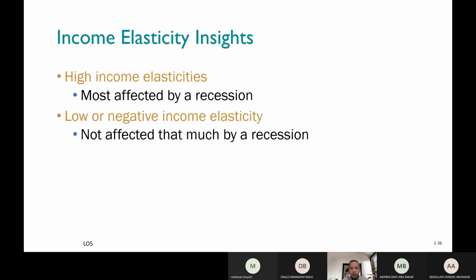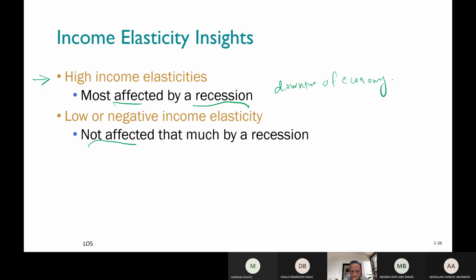So some applications of income elasticity: in the case of high income elasticity, when there is a recession or downturn of the economy, the more elastic you are, the more affected you are. Or if you have a low income elasticity, then you are not much affected by the recession.